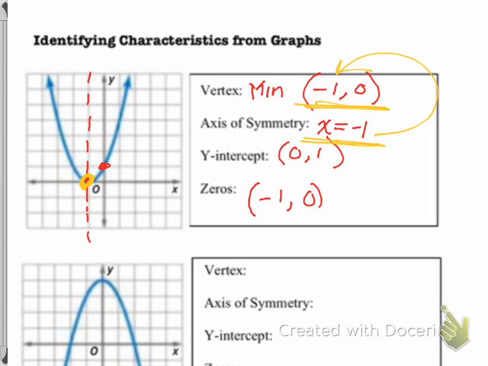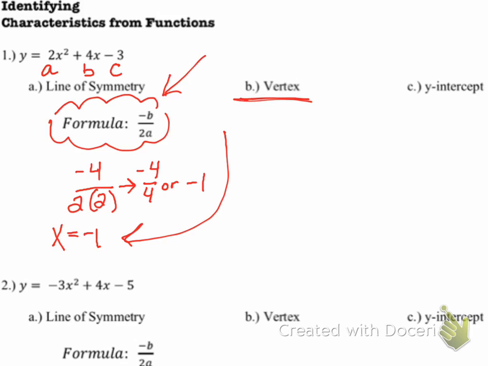Okay, so if I know x is going to be the line of symmetry value, then I can plug this into the equation. So I'll do 2 times negative 1 squared plus 4 times negative 1. Notice how, again, I'm using parentheses, and we'll simplify. So this is just 2 times 1. And a lot of times I'm going to make baby steps.